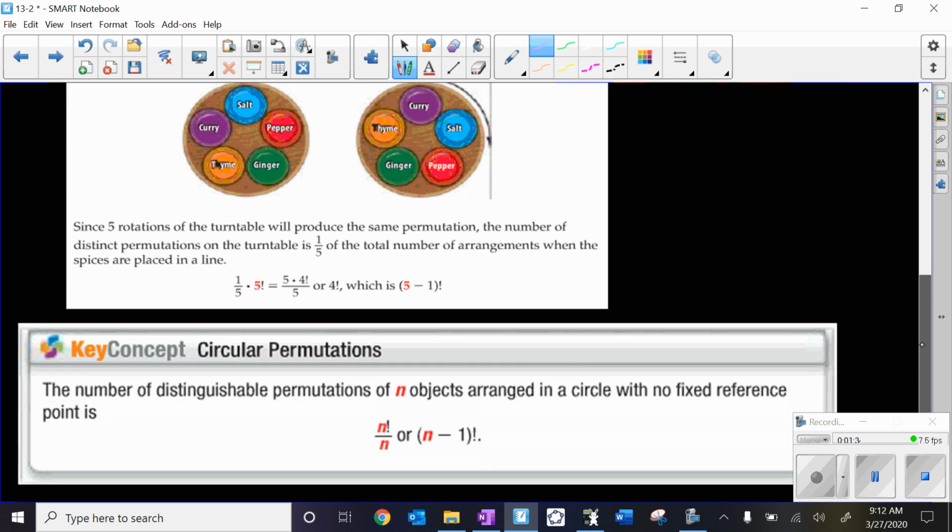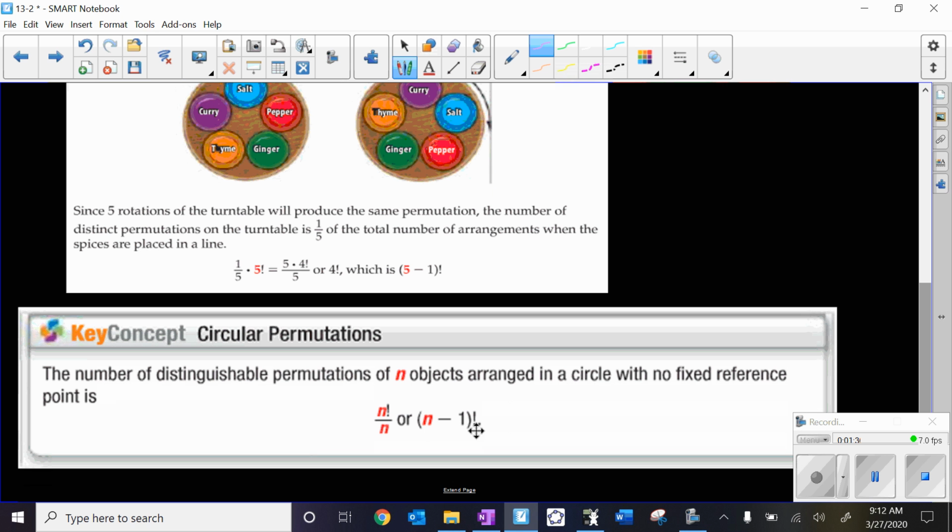So that leads us to the idea that if we don't have a fixed reference point, and that is a very important part, whether you have circular or not circular, you have to have no fixed reference point. You're going to take your total number, subtract 1, and then find the factorial of that.